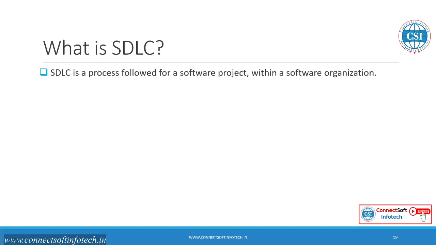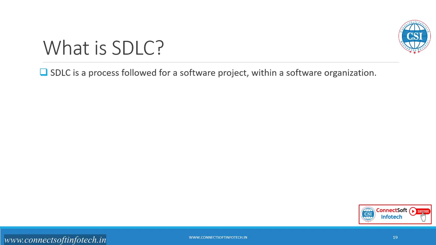It is a process followed for the development of any software project. Any software organization follows one standard life cycle model for how we are going to develop the software and what principles we are going to apply. That depends upon the client requirement, schedule, duration, cost, everything.